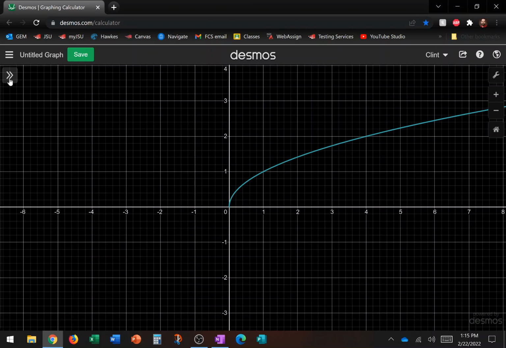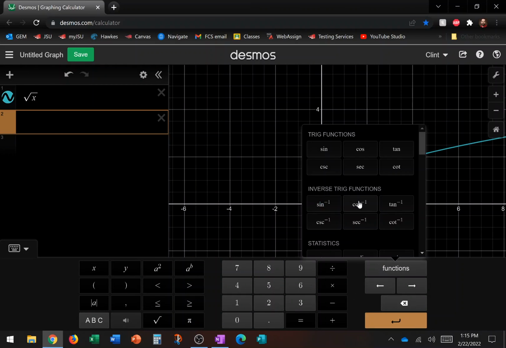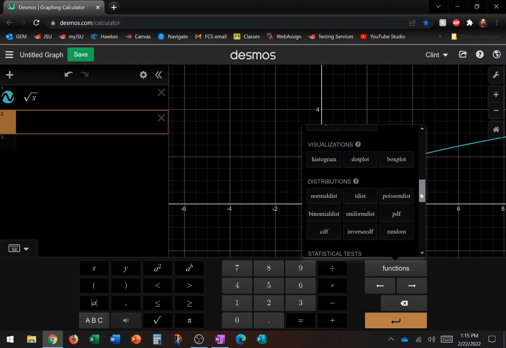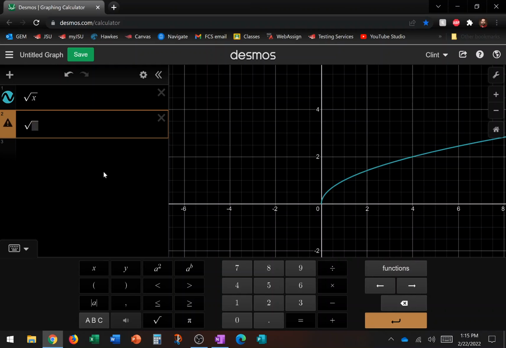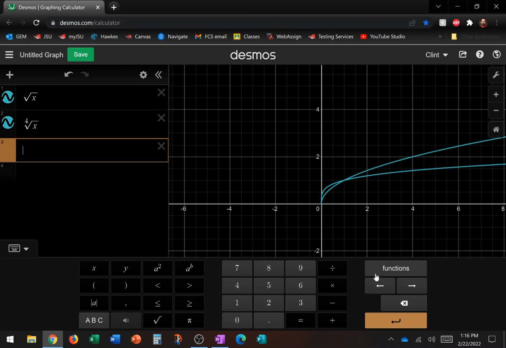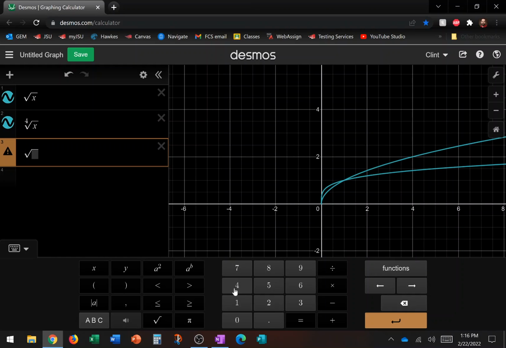So going back to our graph, let's do another one here. Let's see. So like 4th root of x. Real similar picture, it's flatter. I hate that it picked another shade of blue there. Let's do another one. Let's do like 40th root.